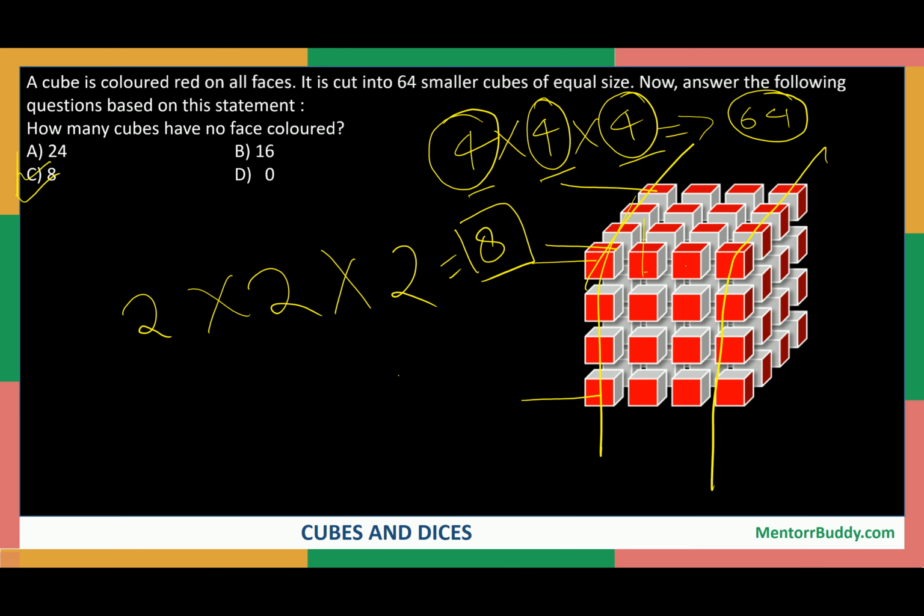So you will get the inner cube which is not painted on any side. Whenever this type of question is asked, you can quickly find the answer. Remember this, we have just reduced the number of cubes.